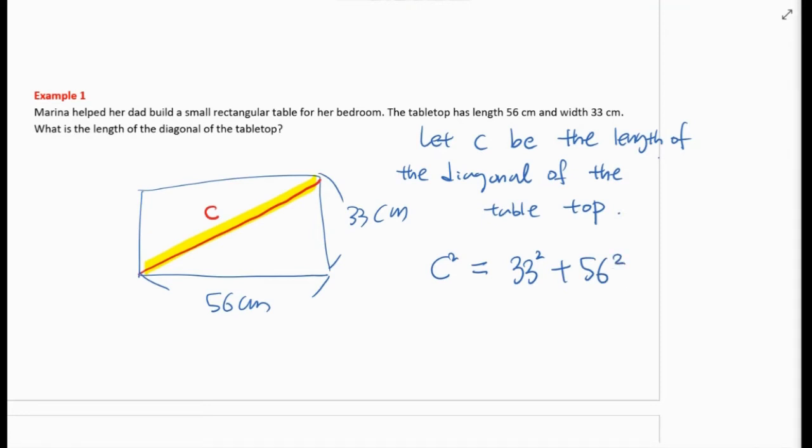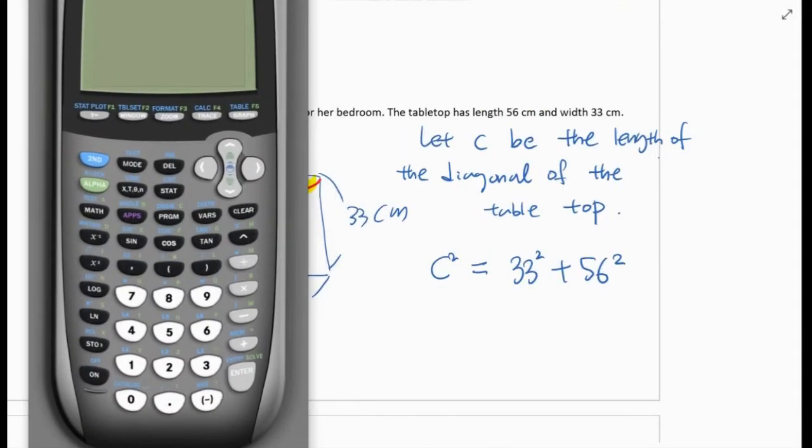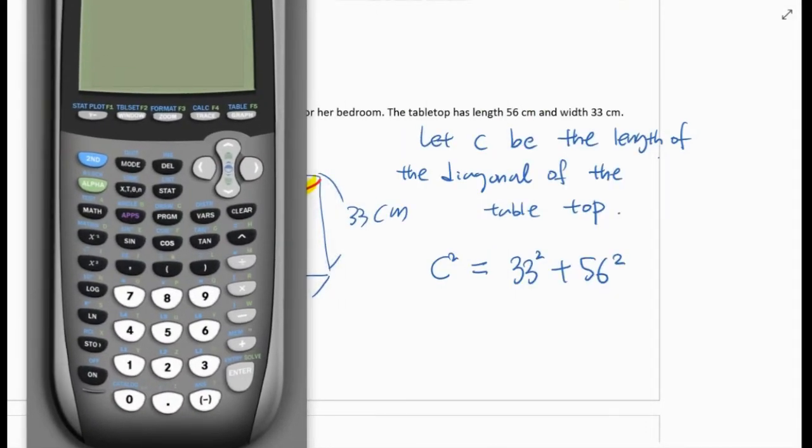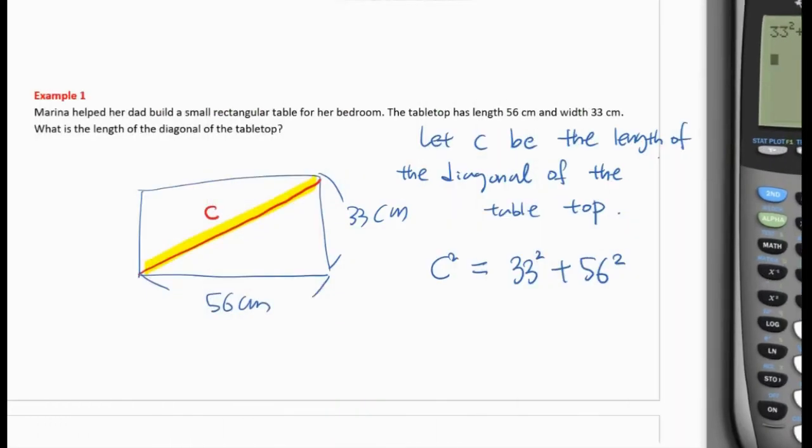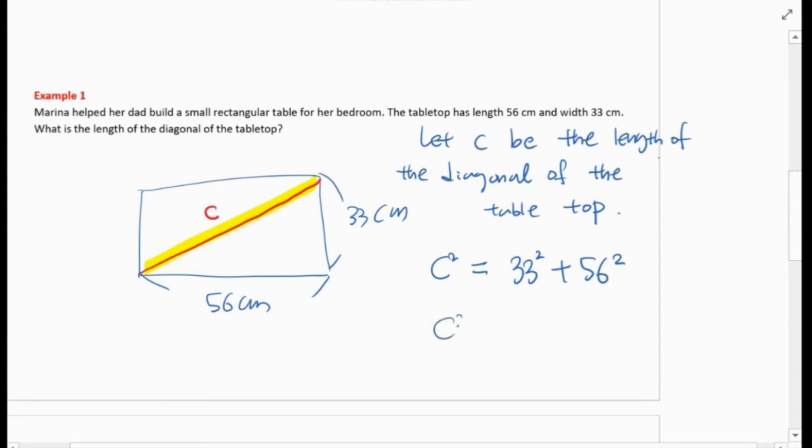Now we're going to use our calculator. 33 squared plus 56 squared is 4,225. So C squared is 4,225. And we're going to find C by taking the square root of 4,225.